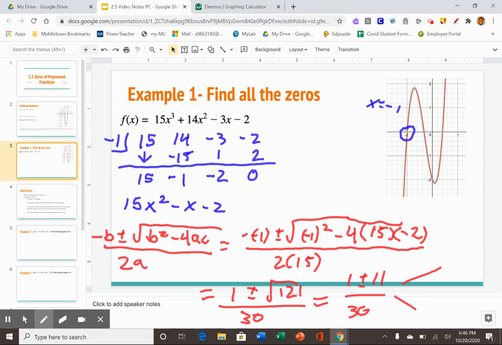So we have two solutions, which is going to be 12 over 30 and negative 10 over 30, which gives us 2/5 and negative 1/3. So those are the other two roots. So that's how you find all the zeros. You use synthetic, get yourself a quadratic, and then solve the quadratic.